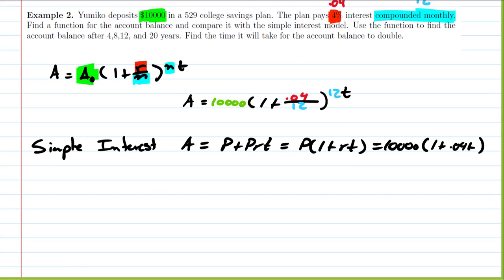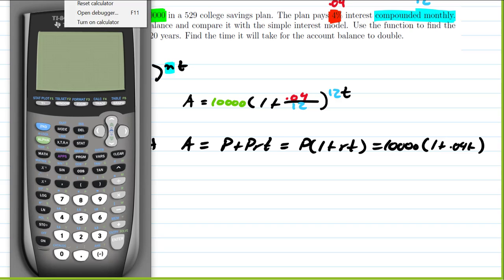All right, so let's grab our graphing device and take a look at each of these. So we go 10,000 times 1 plus 0.04 over 12 raised to the 12x, and then we have 10,000 times 1 plus 0.04x.